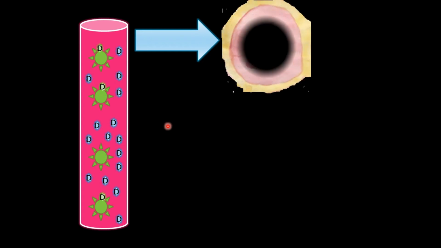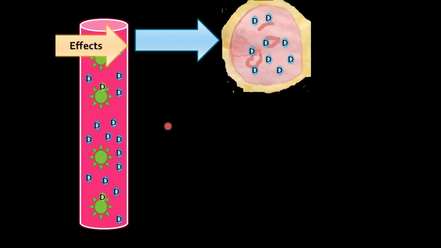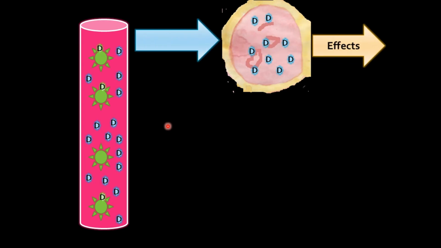That much portion of the drug is definitely available for the target tissue, and it binds with the target receptors and produces the systemic effects. Now that same portion or fraction of the drug is also available for metabolism.